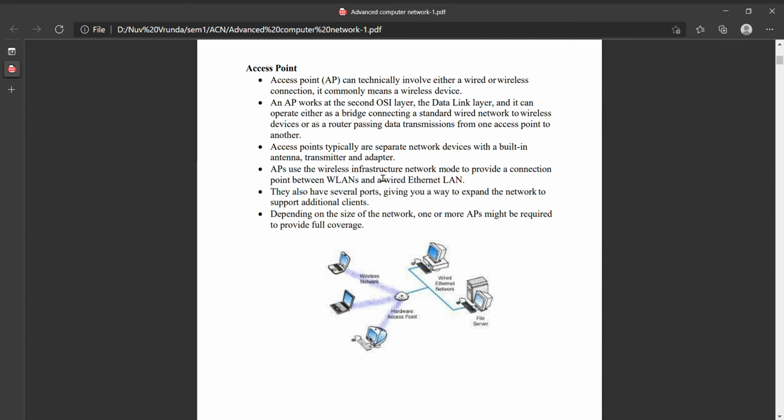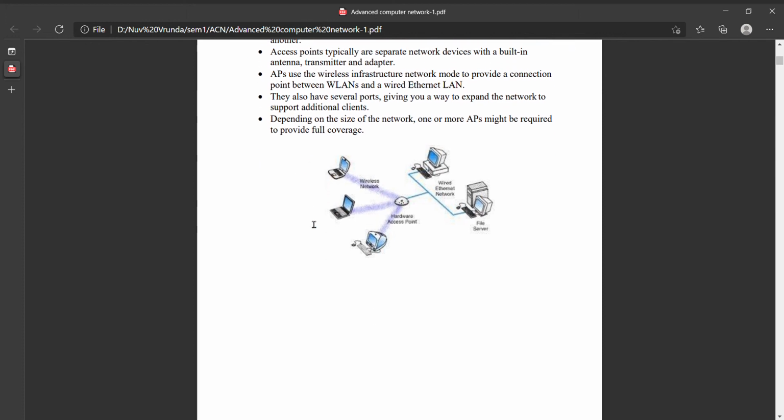In wireless infrastructure mode, an access point provides a connection point between a wireless LAN and a wired Ethernet LAN. They also have several ports, giving you a way to expand the network to support additional clients. Depending on the size of a network, one or more access points might be required to provide full coverage.